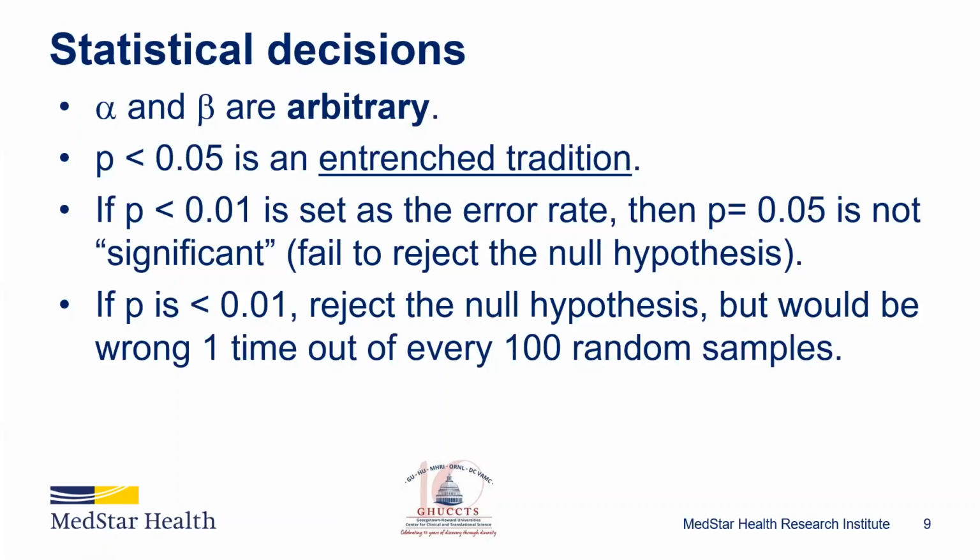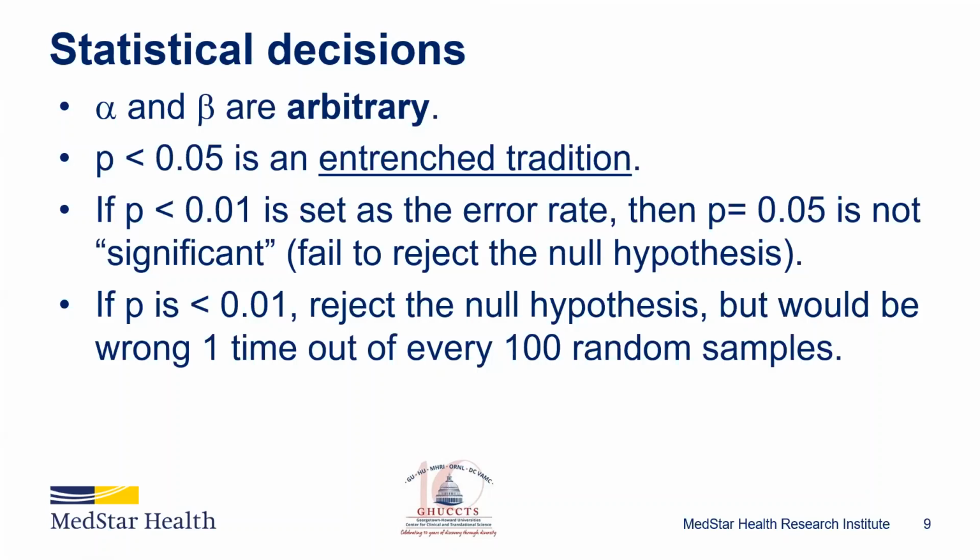And so if we would happen to set our p-value at 0.01, then a p-value of 0.05 would not be statistically significant, so we would fail to reject the null hypothesis. So you can see that there could be different rejection levels here.